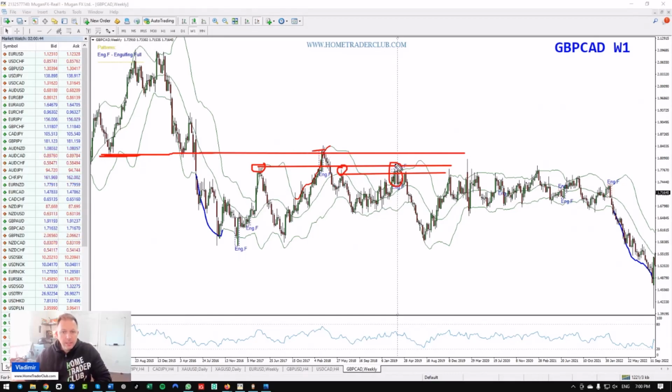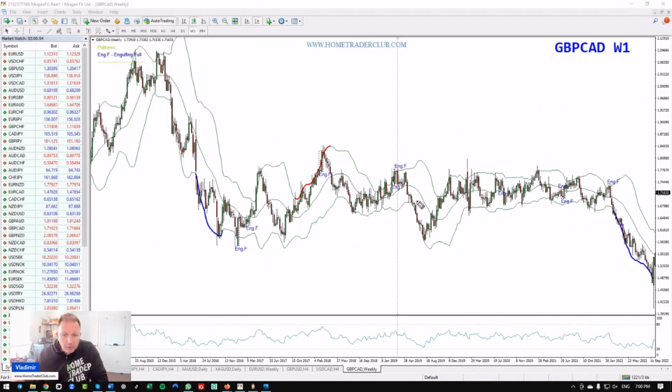So if we get this call on the upper Bollinger Band with an engulfing, hence a reversal, as I explained before, the first and instant target would be the opposite band, but take into consideration the next important swings. And the next important swings are here. That allows you to join and ride the trend as it goes.